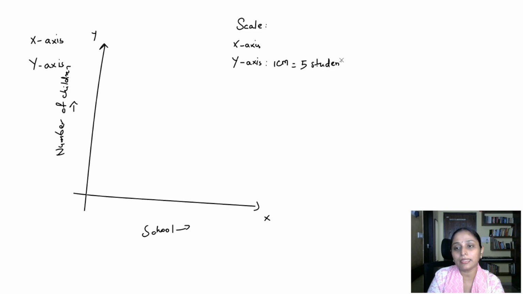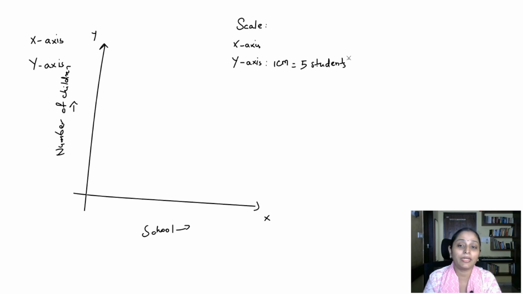Deciding the scale is the most important part of your graph, because the scale you decide is going to decide how your graph looks. For example, if I take 1 centimeter as 10 students or 20 students, the bars are going to be too short, right?